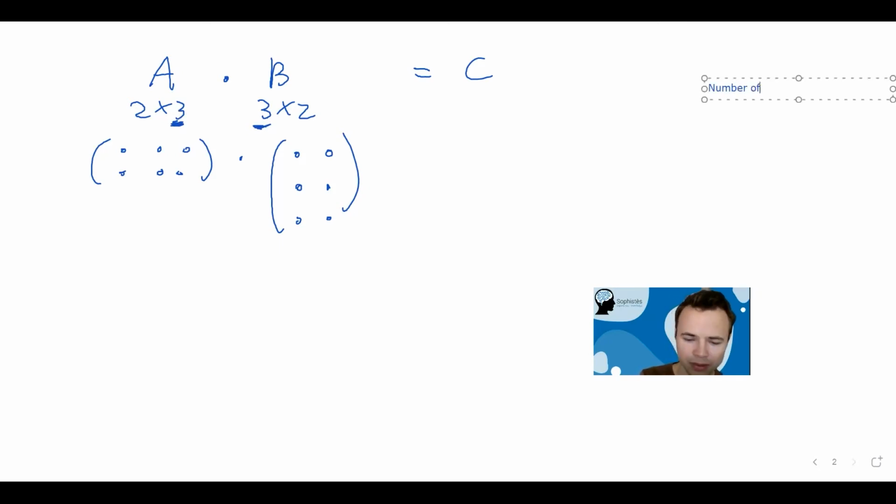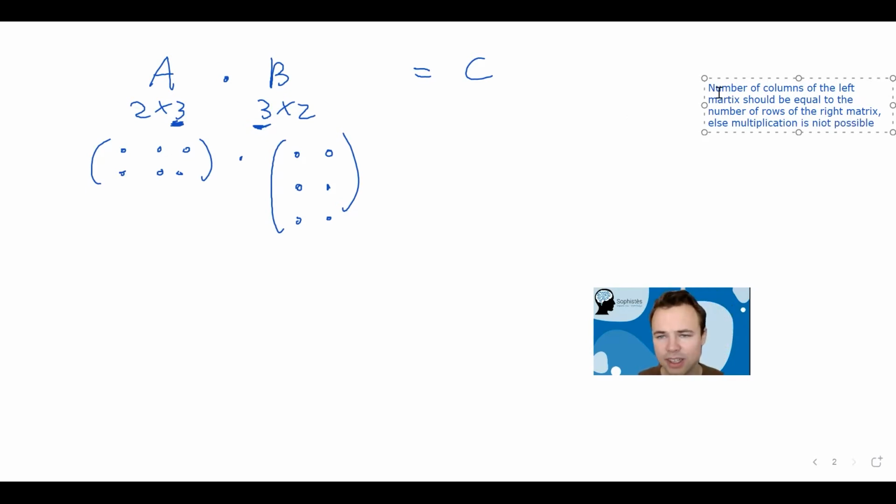Number of columns of the left matrix should be equal to the number of rows of the right matrix, else multiplication is not possible.